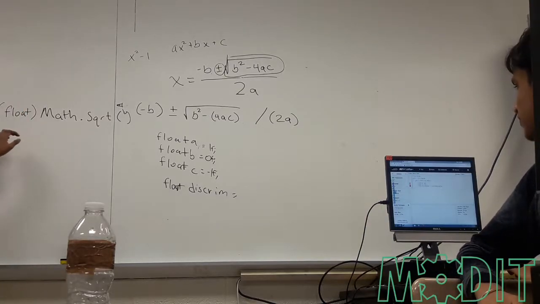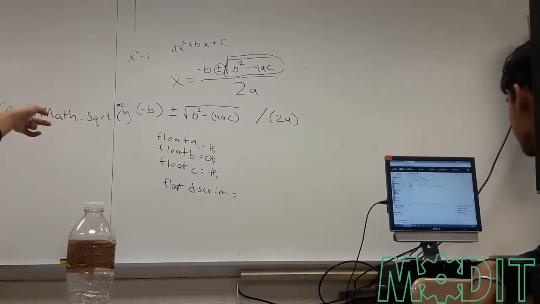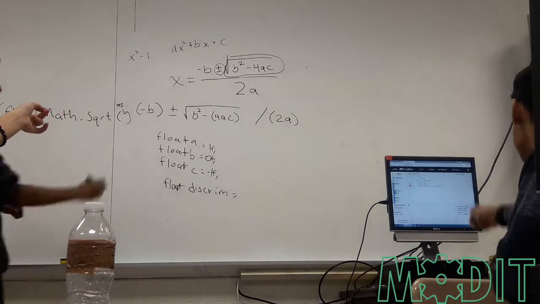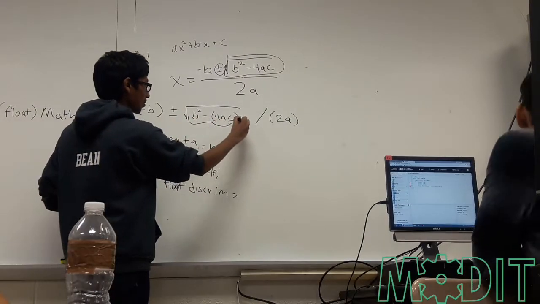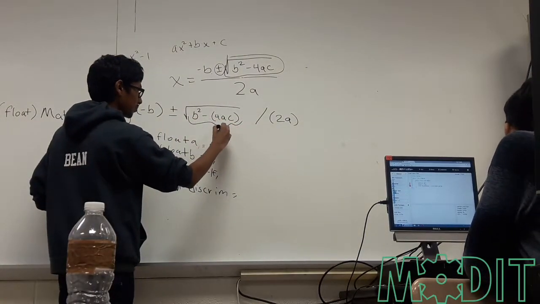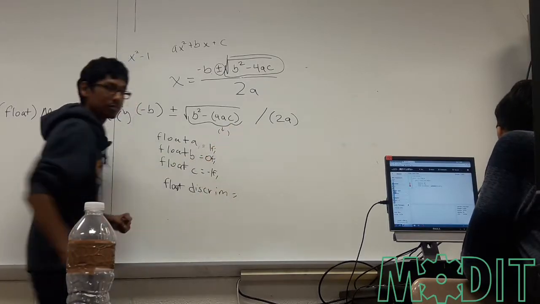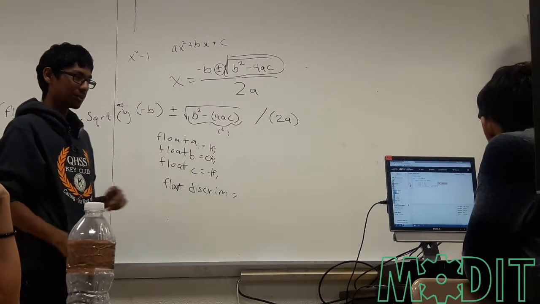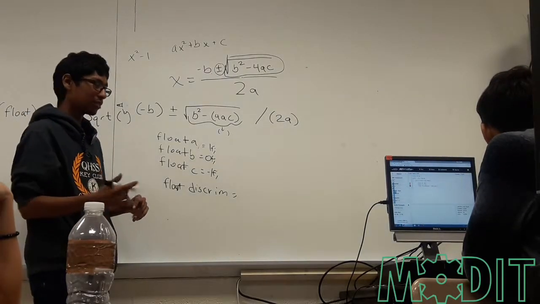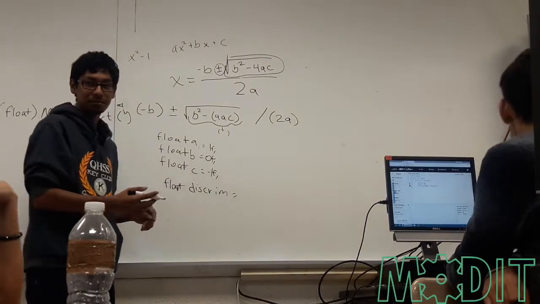Is that just the thing for the square root? It's not the b squared? You have to put b squared inside the parentheses? Yeah, over here we're going to have to do this part. There's no square symbol, so you can just do b times b.